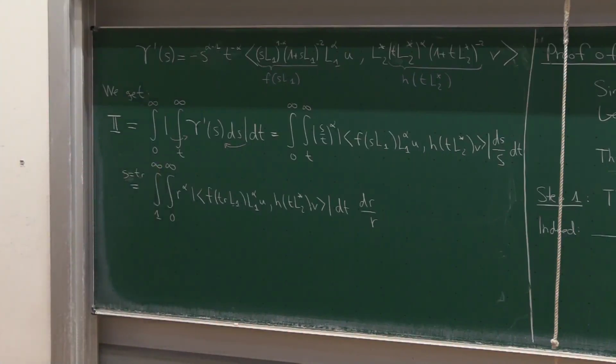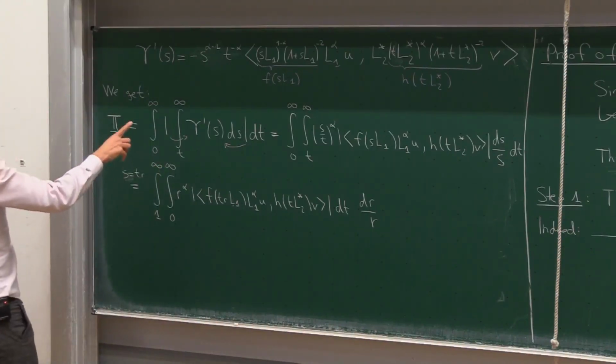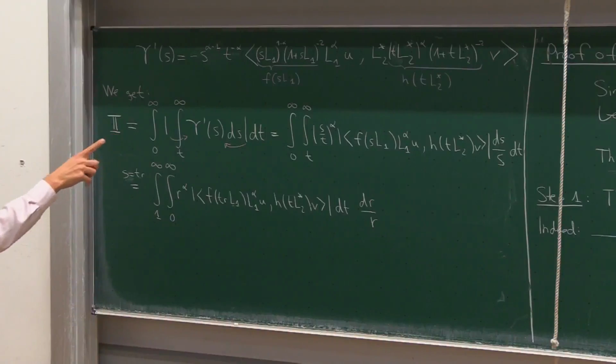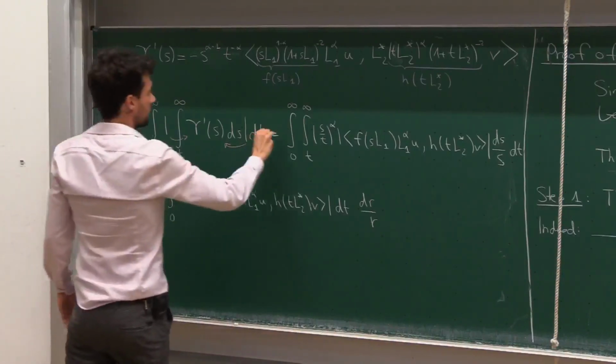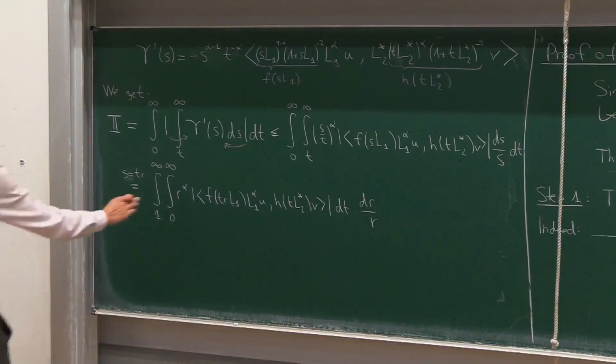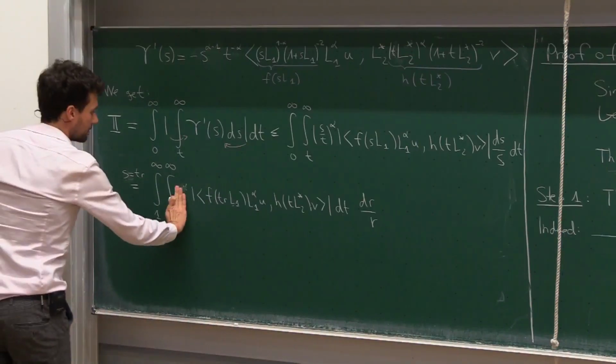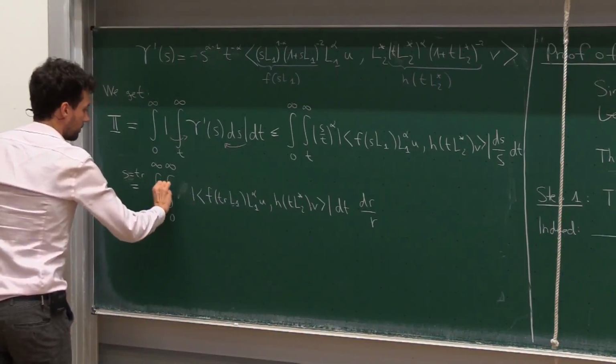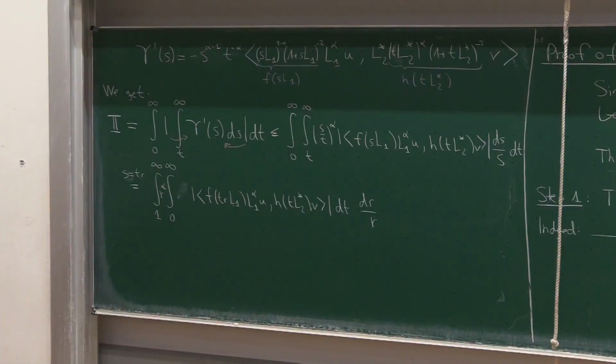And of course, at some point there should be a less or equal when I put the absolute values inside. You still with me? Now, the R doesn't have to do anything with T, so I can equally put it outside of the integral. All right.